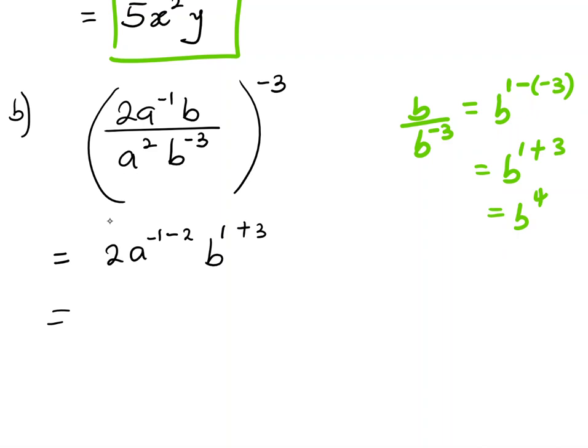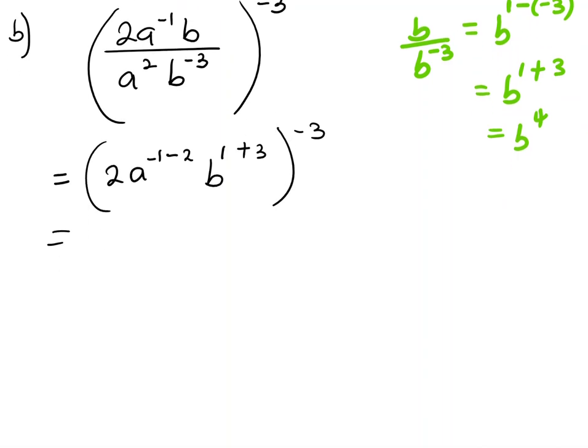So in this sense, do not forget that you have this outside. You are just trying to combine this inner part. So this is 2a raised to power -3 minus 1 minus 2 will give you -3. Then b raised to power 4. Then everything raised to power of -3. So in this case now, you can apply law number 4 to this, and which is 2 raised to power -3.